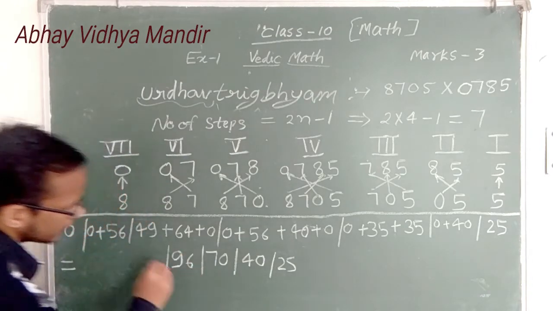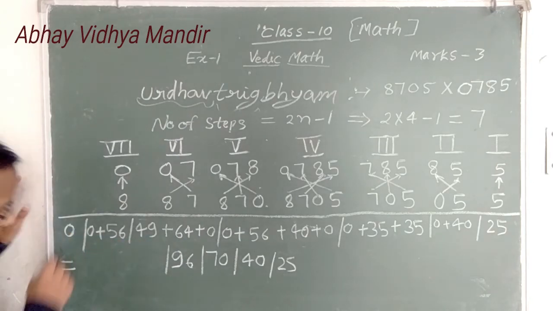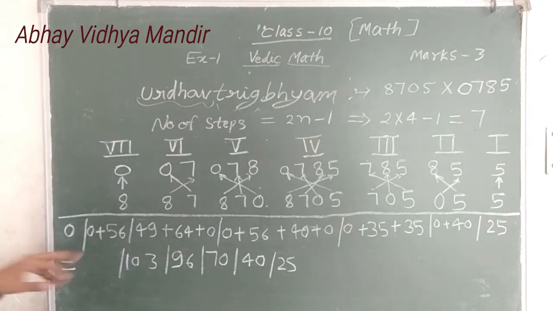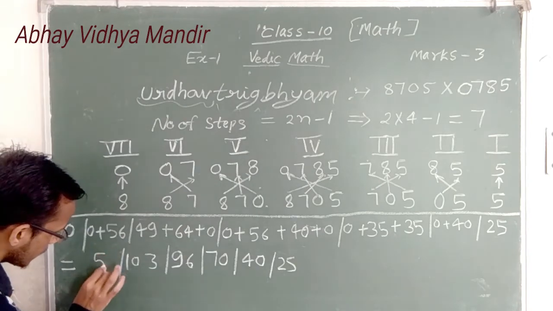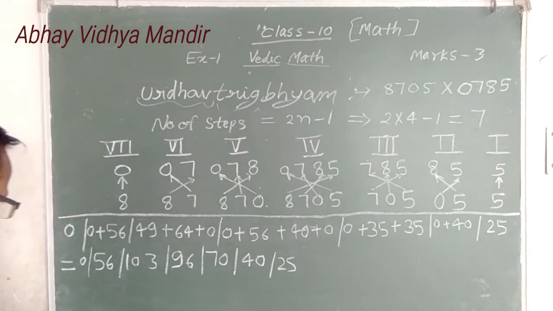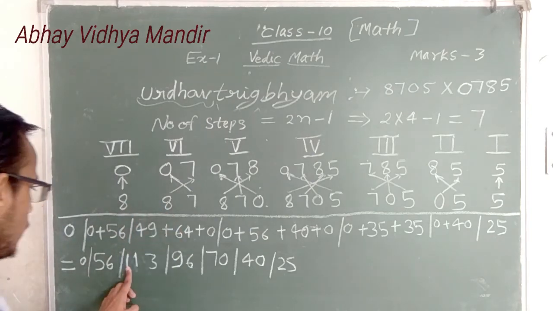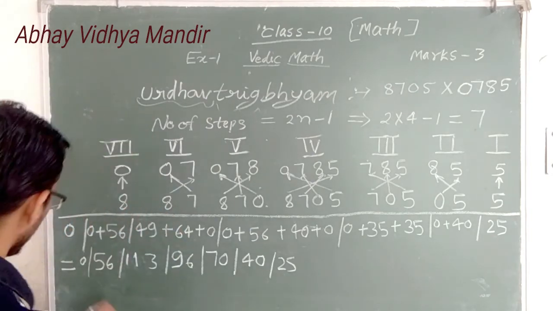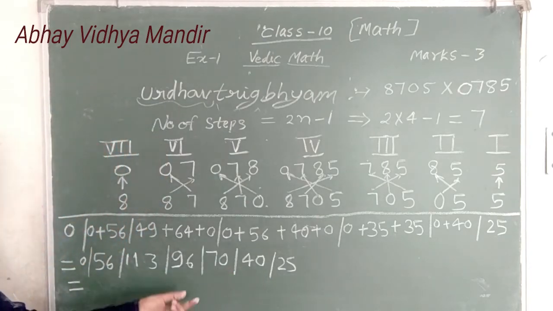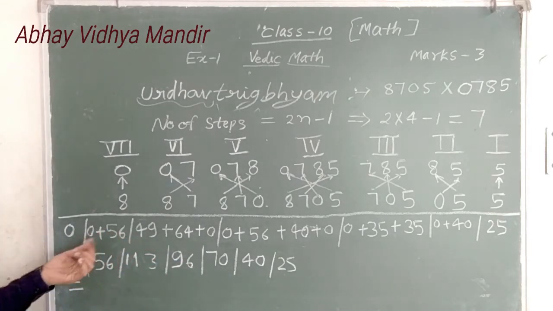Oblique: 64 and 49, so this becomes 113. Then 56 plus 0, 56, and the last term is 0. So we have 25, 40, 70, 96, 113, 56 and 0.